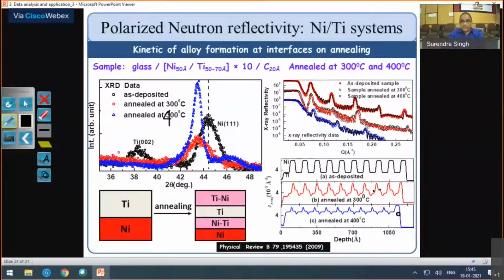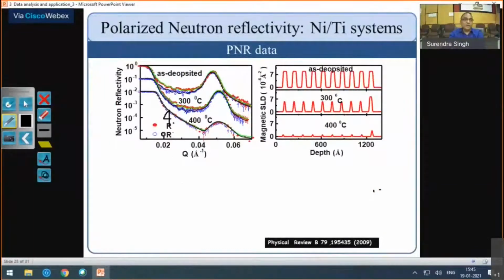Then we did polarized neutron reflectivity. This is for as-deposited: the red one is R plus and the blue one is R minus. At 300 degrees Celsius, both reflectivity patterns are suppressed. The splitting, meaning the difference between R plus and R minus intensity, is reducing, and it goes off completely. Both R plus and R minus intensity at 400 degrees Celsius are the same.